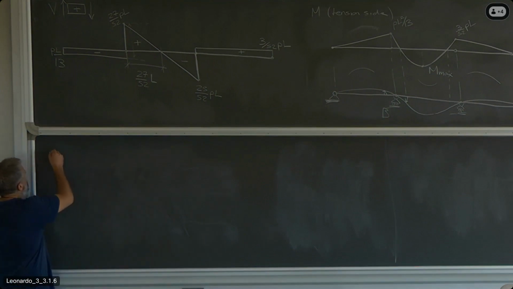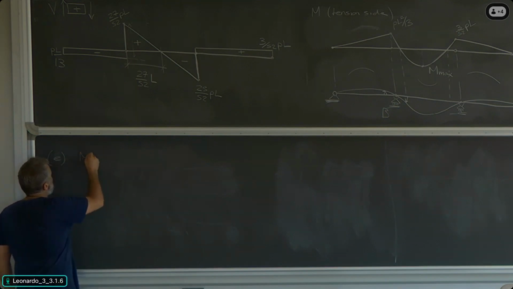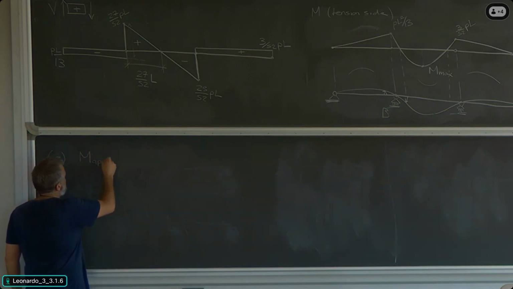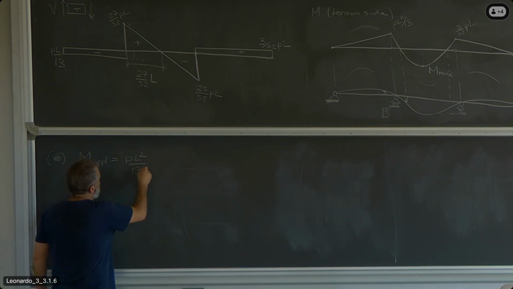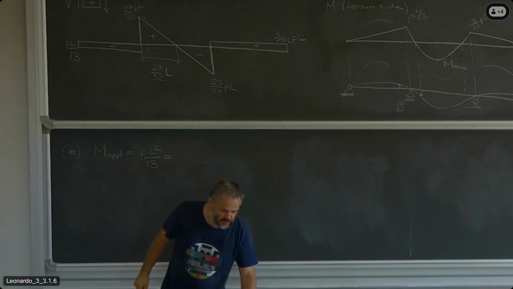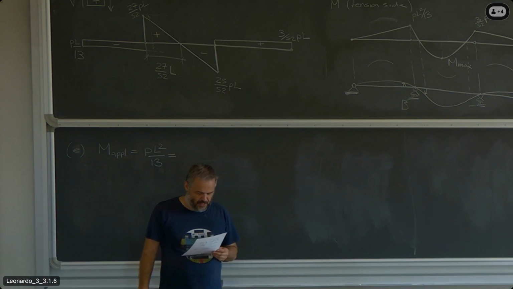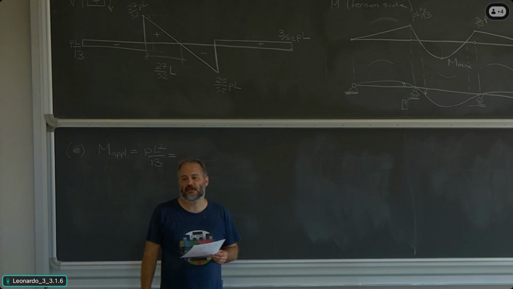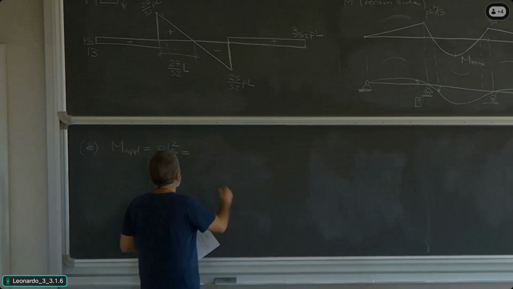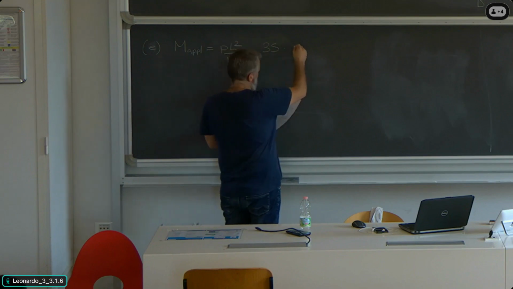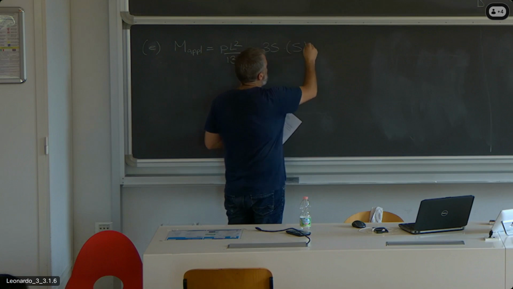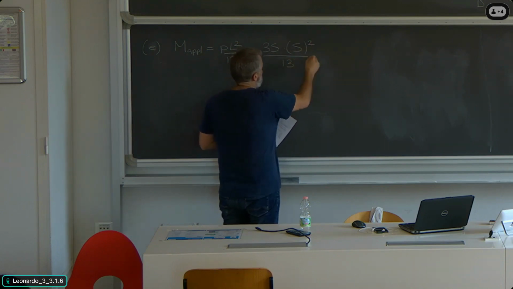So, this was point E of the assignment. The moment applied, I will call it like this, applied is PL squared divided by 13. Now, with the numbers, L is 5 meters and P is 35 kilonewton per meter, which means this value is 35 kilonewton per meter times 5 to the power of 2 divided by 13.